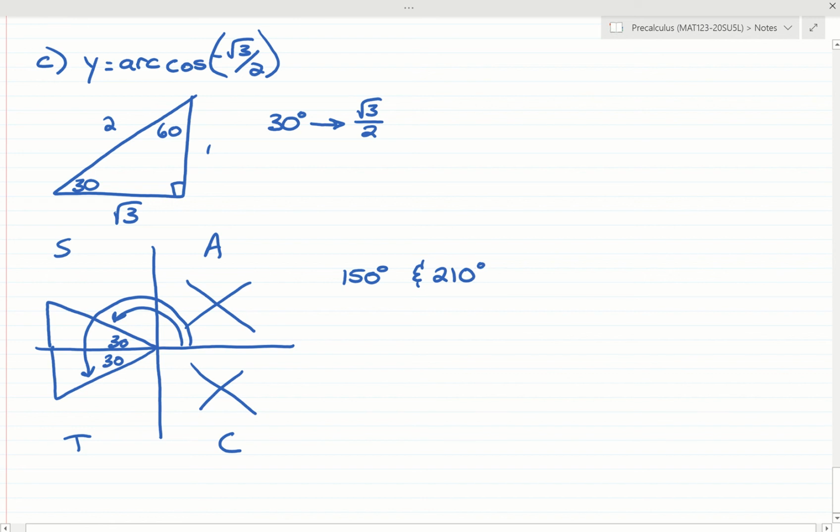If we were to take the cosine of those two angles, we would get negative √3/2. But because the problem's asking for arc cosine, that means our answer has to be between 0 degrees and 180 degrees. So the only answer we're going to pick is 150.